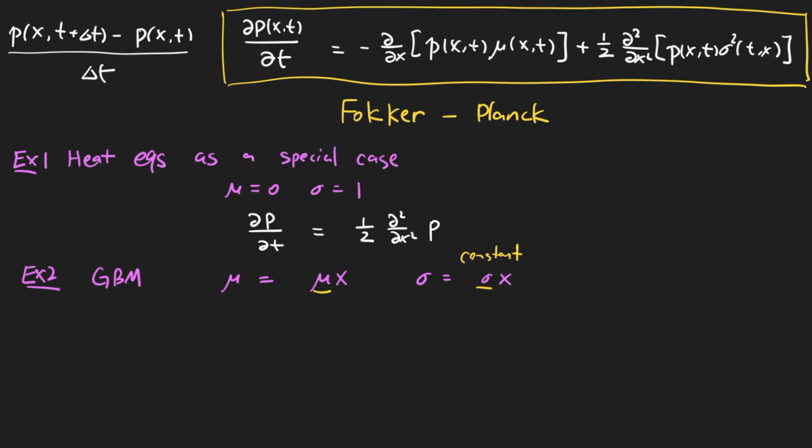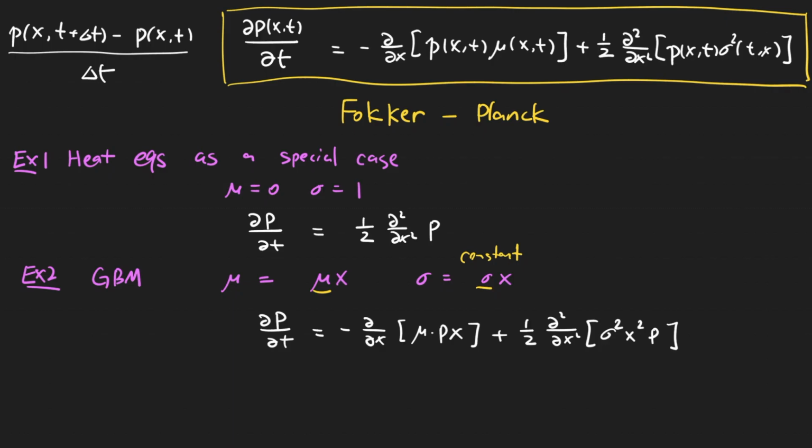We'll have the partial p with partial t equals minus the first derivative of mu times p times x plus a half the second derivative times sigma squared x squared times p.